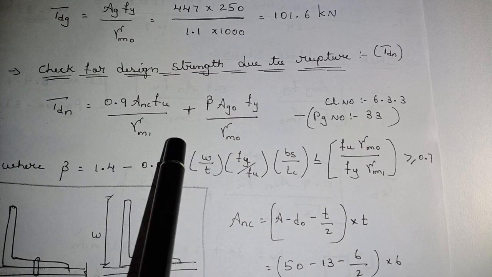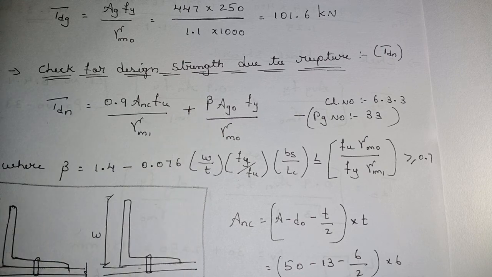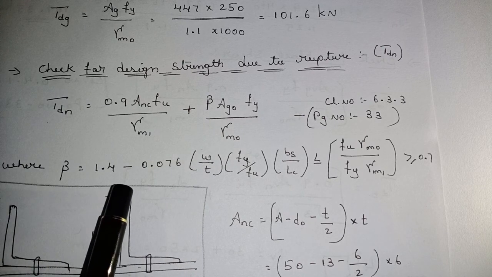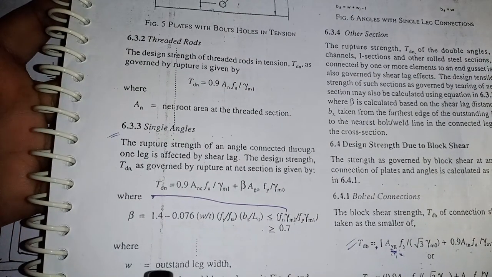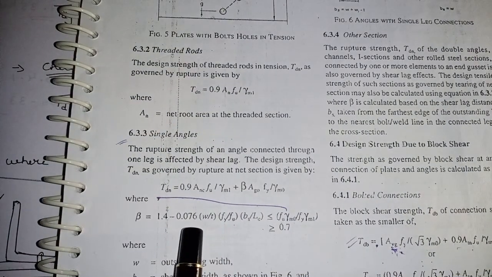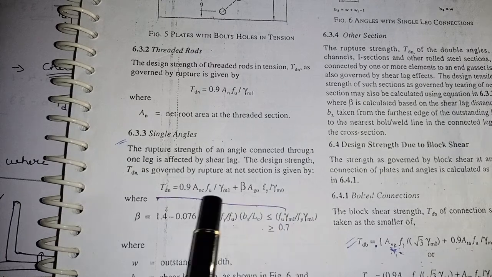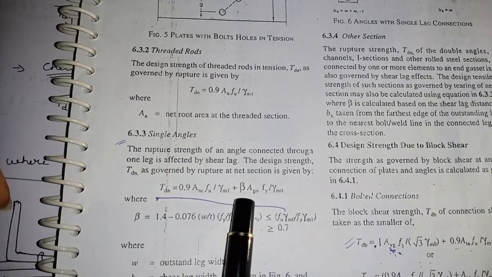Now here we can find out everything, but you have a constant called beta. To find out beta, you have an equation, again in the code book itself. Here, beta is equal to 1.4 minus 0.76. You need to use this equation to find out the beta value.